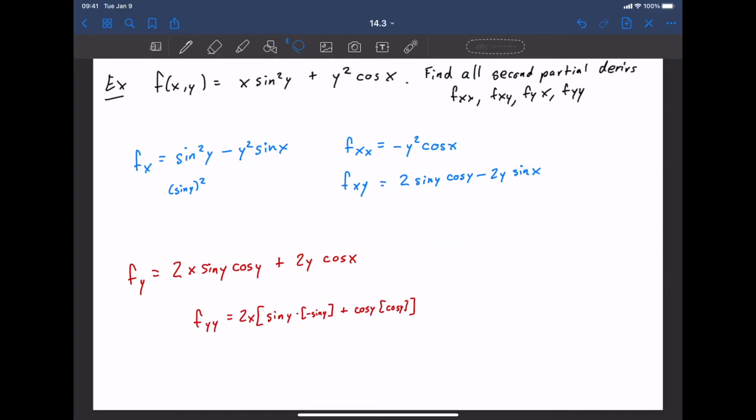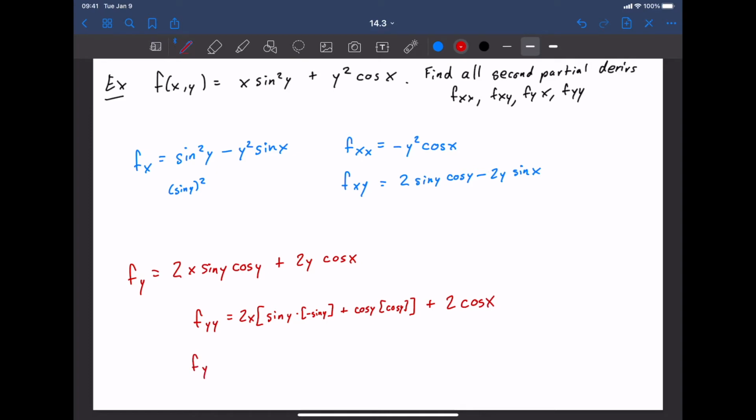We need more room. The 2x is just a constant, and I'm allowed to ignore constants and distribute at the end. Plus, if we're doing another y over here, it's going to be 2 cosine x. Thank goodness that one's easy, huh? Not going to simplify it. You can. This is definitely nice because it's cosine squared minus sine squared, which is a double angle formula for cosine, if you're feeling up to it.